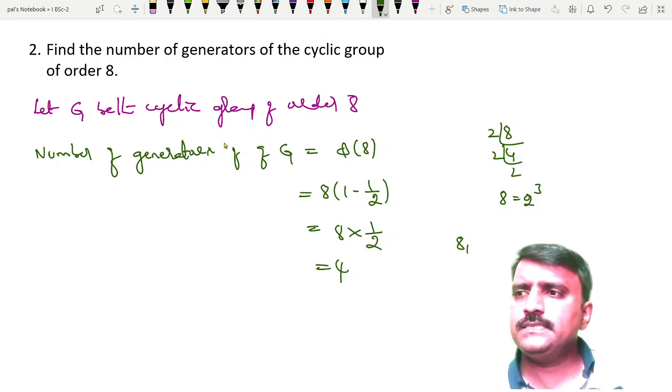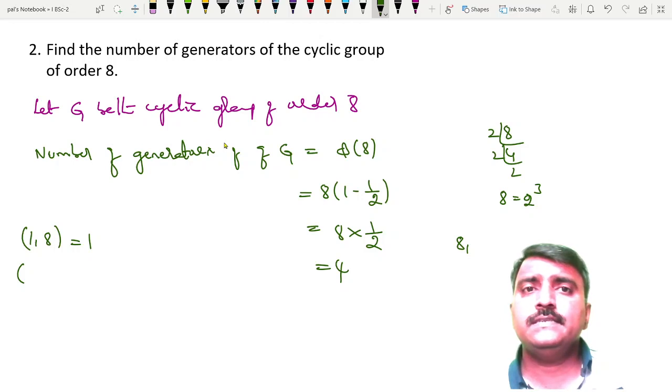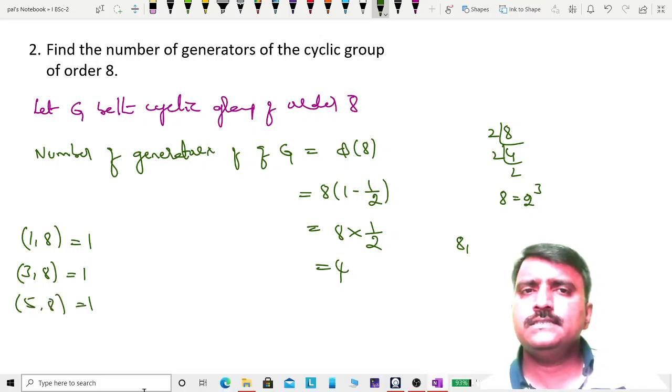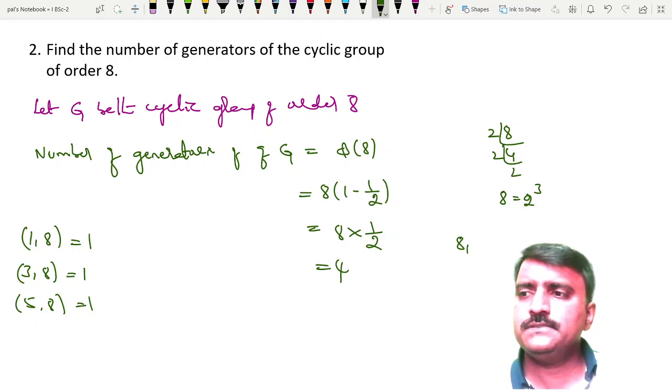Okay, I'm writing that here. Usually 1 is relatively prime with all the numbers. So 1 is relatively prime with 8. GCD of 2 and 8 is not 1. GCD of 3 and 8 is 1. GCD of 5 and 8 is 1. GCD of 7 and 8 is 1.